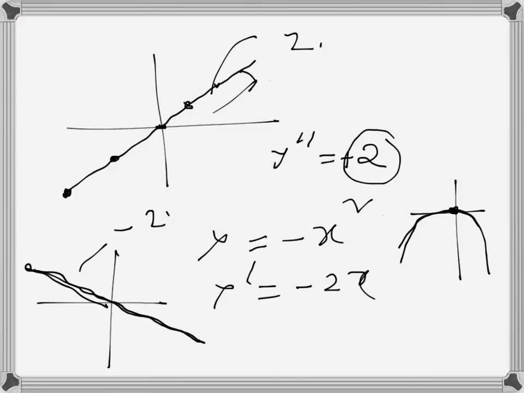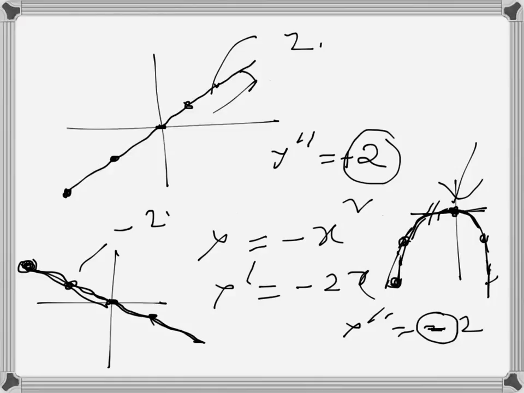This point is where the maxima lies. Here the gradient is positive, maximum positive, and the positivity slowly decreases. At this point the gradient is 0, then it becomes negative, and negativity keeps increasing. For this kind of curvature, y double prime is negative 2, and the negative sign means it is like this, which means concave down.